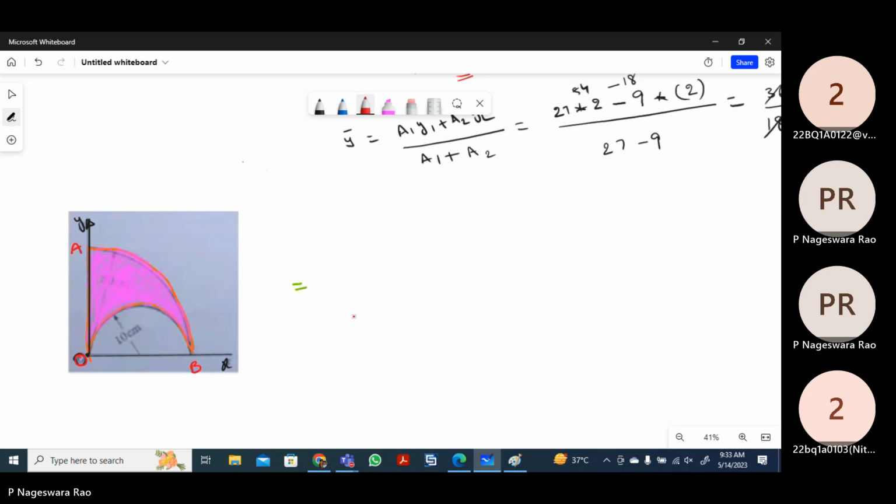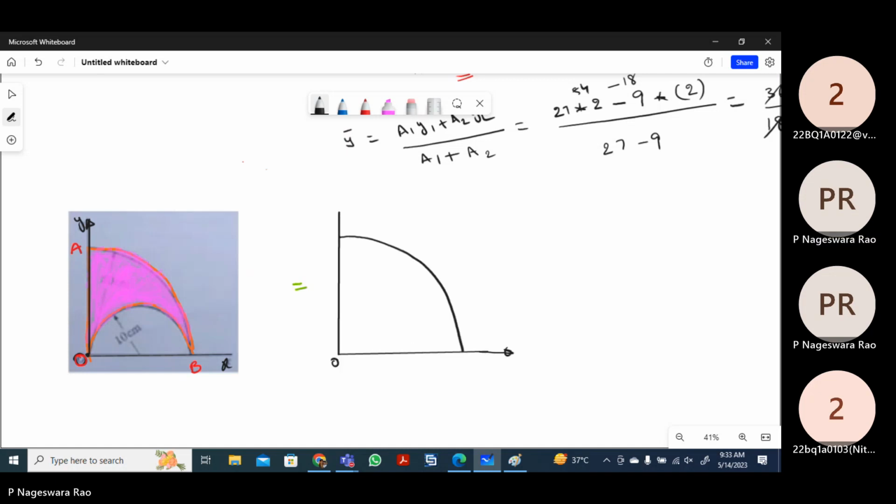Now, to get the centroid for this shaded region, I am taking the quarter circle. We have this quarter circle, with the origin already given, the x-axis and the y-axis. I am shading this area.